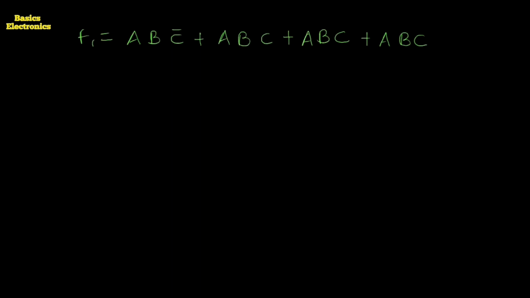Okay, so to find the minterms, for an inverted line like A bar or B bar or C bar, what we use? We use 0, and for A, B, C non-inverted, we use 1.